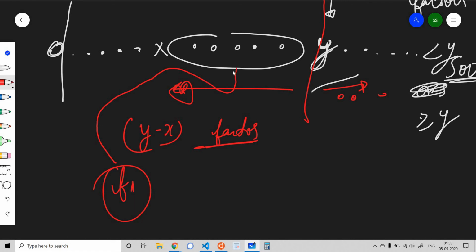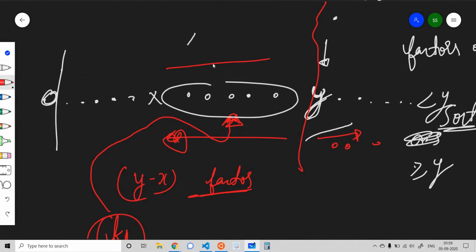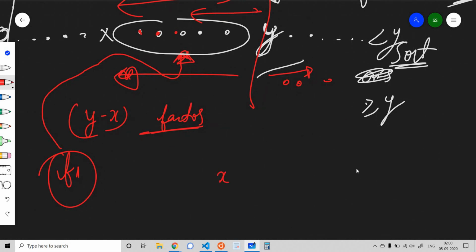to fill the space between y and x, because this space must be filled. We cannot have elements lying in half of this space and then leave the rest remaining. For example, let's say the values of x and y are 7 and 15, and we place two elements at 8 and 9.